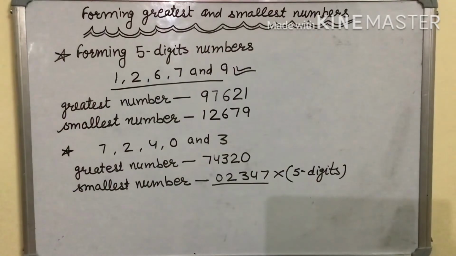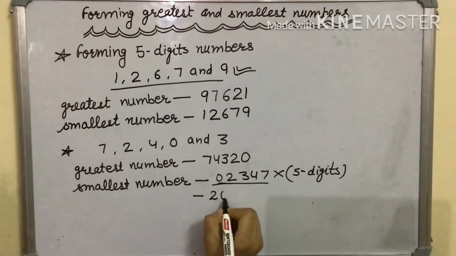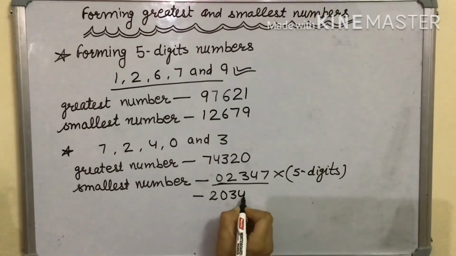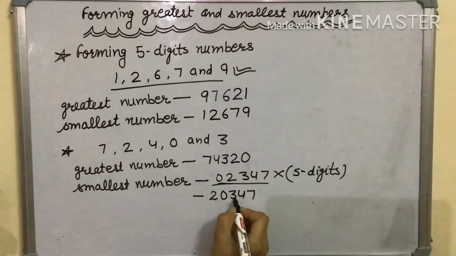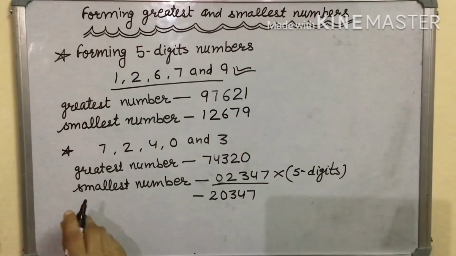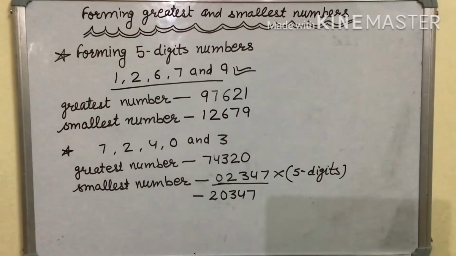So what do we have to do? We replace the first digit. It will be 2, 0, 3, 4, 7. Like this, 20,347 is the smallest 5 digit number formed by the given digits.